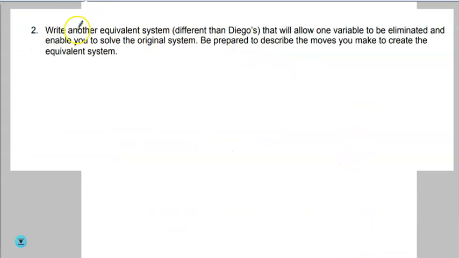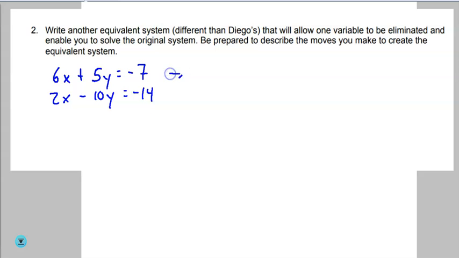All right, write another equivalent system different than Diego's that will allow one variable to be eliminated, enabling you to solve the original. Be prepared to describe. So let's take Diego's original, 6x plus 5y equals -7, and 2x minus 10y equals -14.